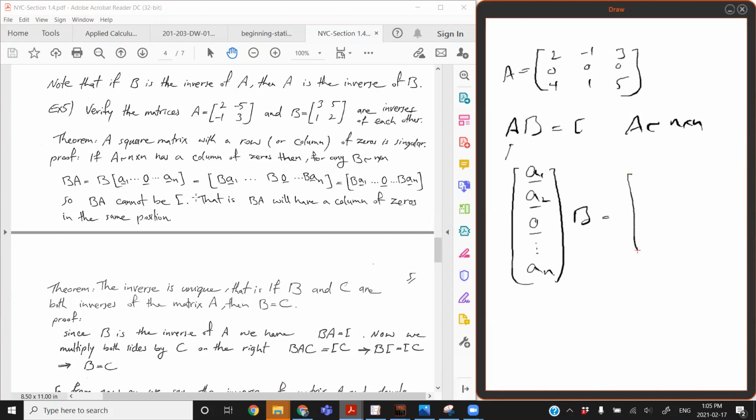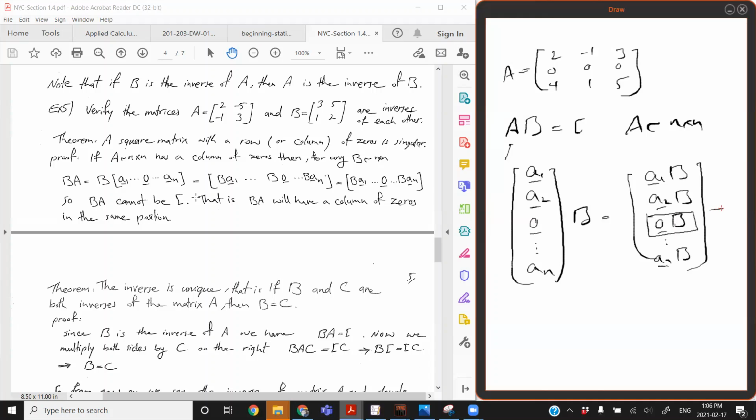And then that would be equal to A1 times B, A2 times B, that row of zeros times B, all the way to the last row of A times B. And we know that the zero matrix times any matrix is going to give you 0. So for that reason, this row will be a row of zeros.